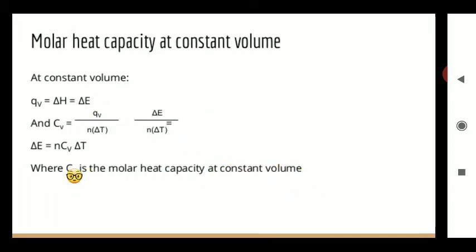So these are the basic formulas of the two types of heat capacity, that is, the heat capacity at constant pressure as well as the heat capacity at constant volume.